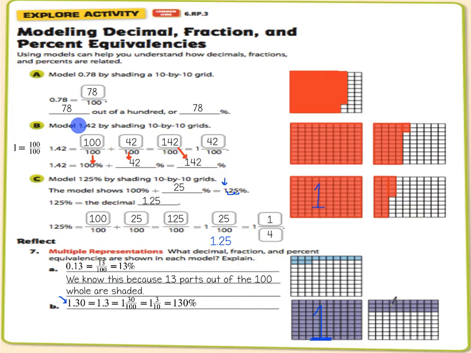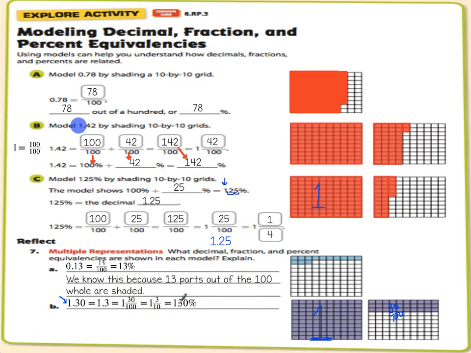And then I have 30 shaded in here. So I have 30, but it's only 30 out of 100. So it's not a full group. So that's the 30/100. I can take off the 0 because I know that 30/100 and 3/10 are equivalent. Okay, again, 1 30/100 as a fraction is equal to 1 3/10 as a fraction.